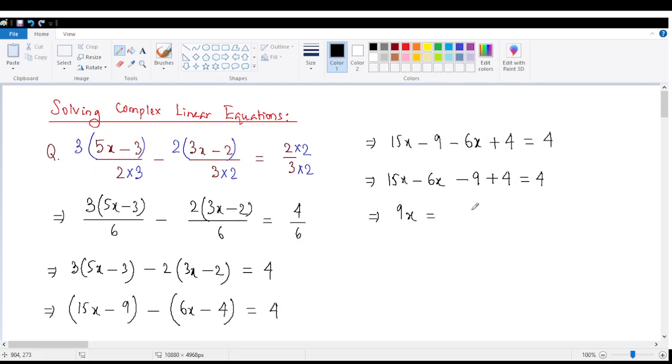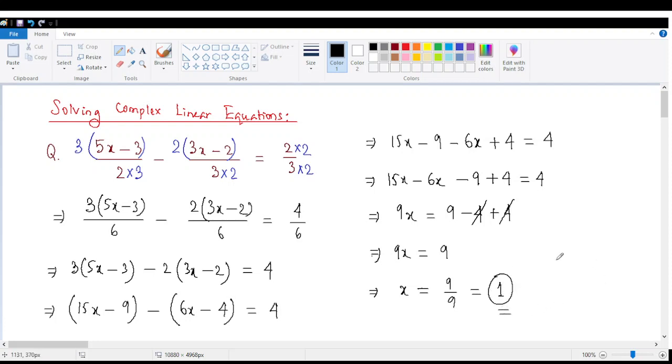On the other side, the negative 9 becomes positive, the positive 4 becomes negative 4, and there is a positive 4 waiting over there, which means that the negative 4 and positive 4 will get cancelled. We are getting 9x equals 9. Ultimately, the value of x is 9 over 9, which is equal to 1. So all this for just 1.